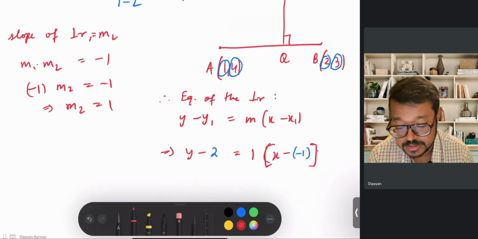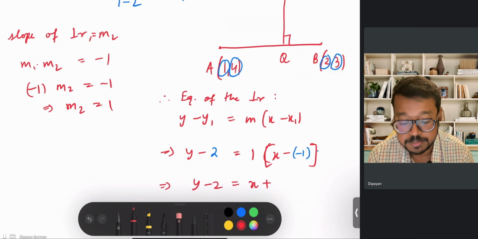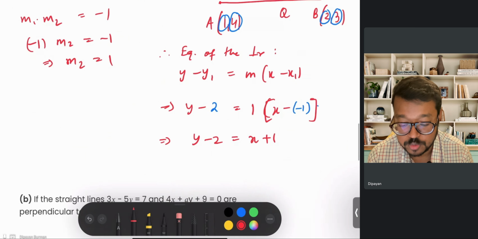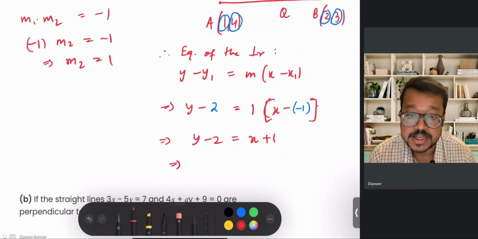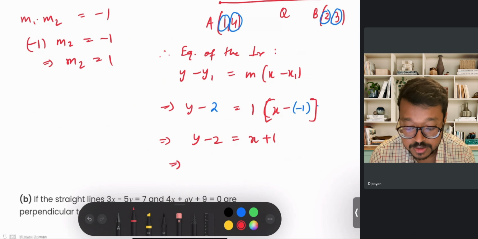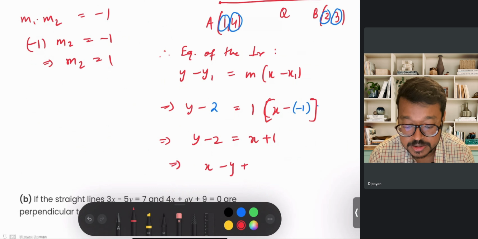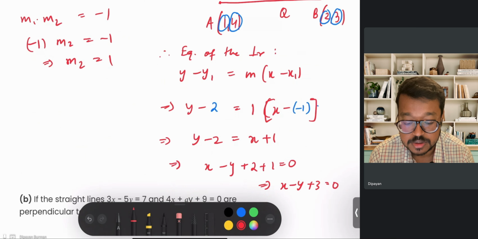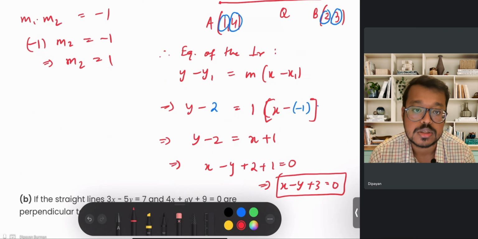Then if I simplify this further, y minus 2 is equal to x plus 1. Then if I move everything to one side, I'll have x minus y plus 2 plus 1 equal to 0. That gives me x minus y plus 3 equals 0. This is the required equation of the perpendicular.